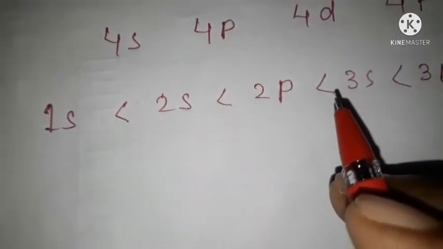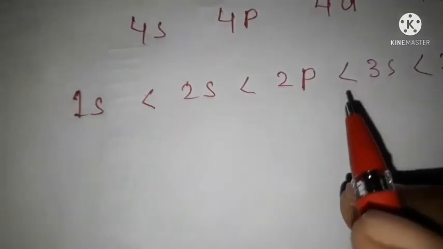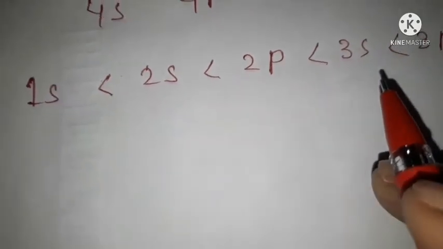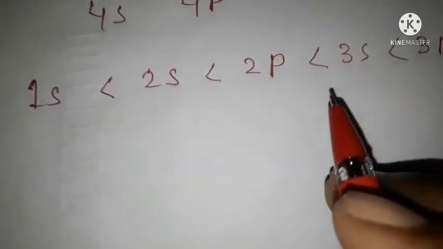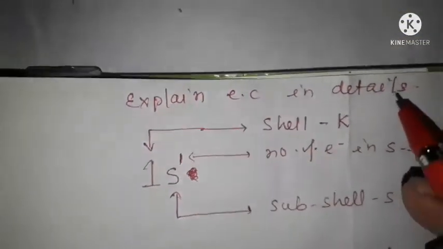In this way we see that electrons are filled one by one in every subcell. This explained electronic configuration in detail.